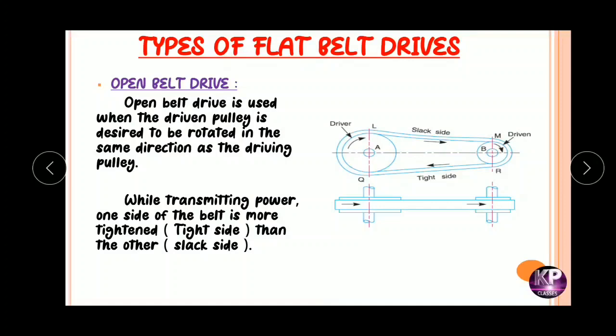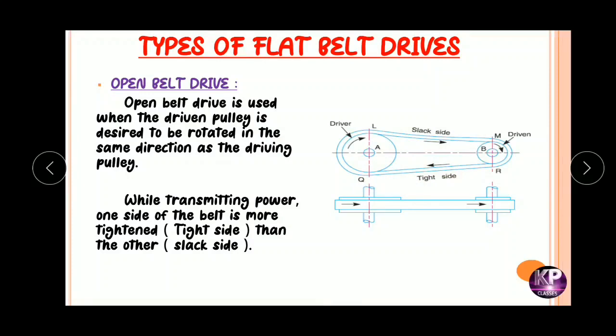In open belt drive, this side is the pulling side and this side is the leaving side. As this is the driver, in this case the tension is more than on this side, so this side is known as the tight side and the leaving side is known as the slack side.